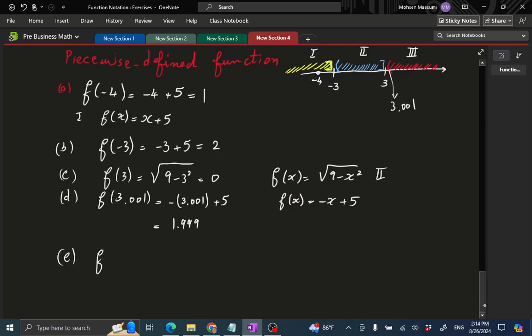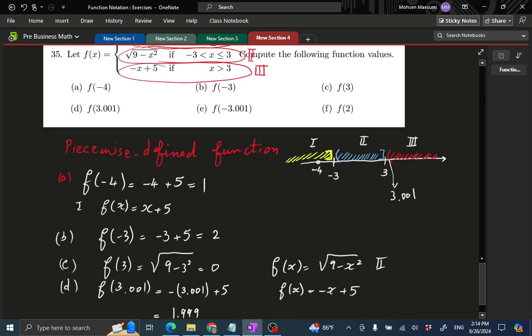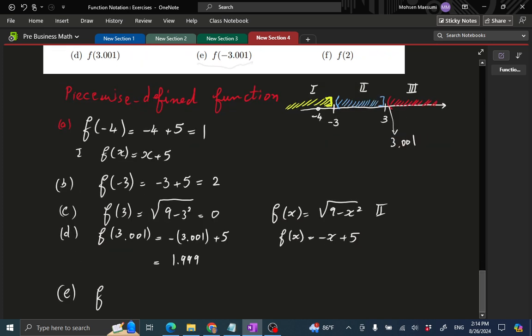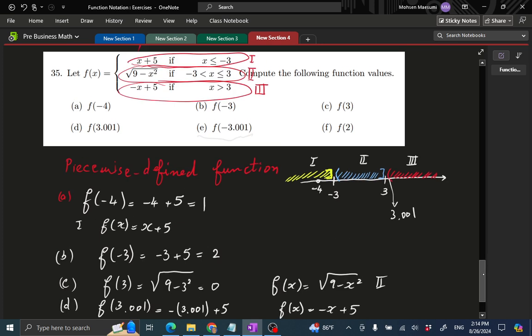It says, what is f of minus 3.001? Well, first question is, which region is minus 3.001 in? That is in the yellow region.